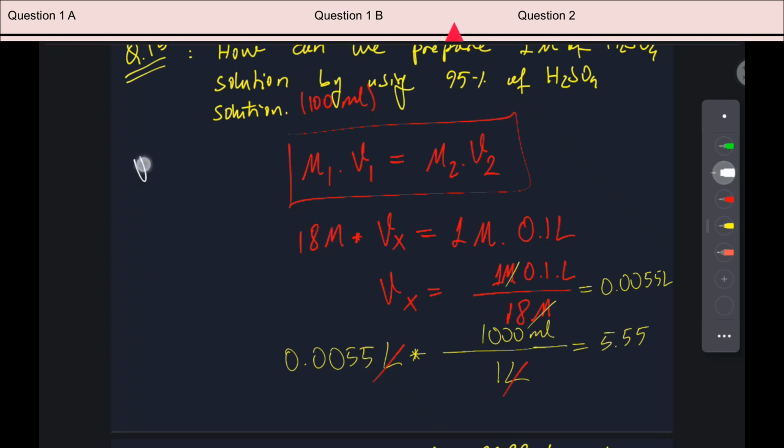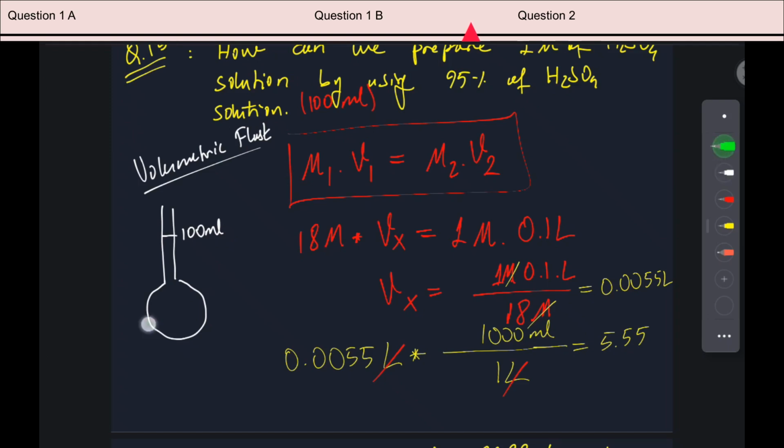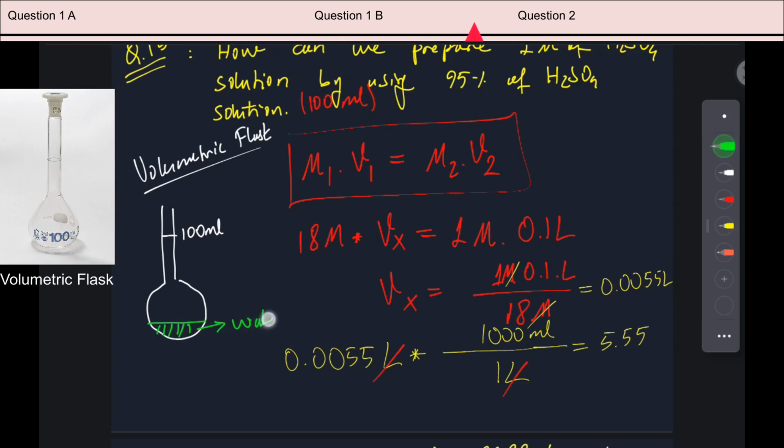How can we prepare 100 milliliter of solution? Firstly, we have to use a volumetric flask to measure the volume precisely. A volumetric flask is something like this. This is exactly 100 milliliter. First, we put water. Green is water, around maybe 50 milliliter.